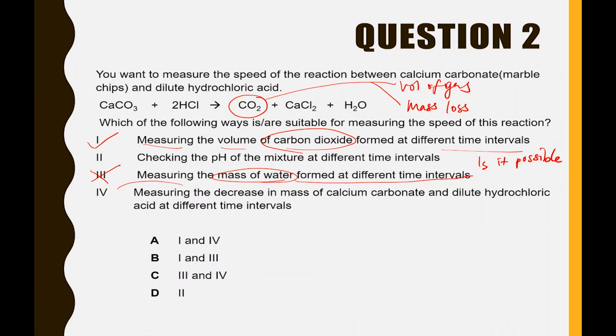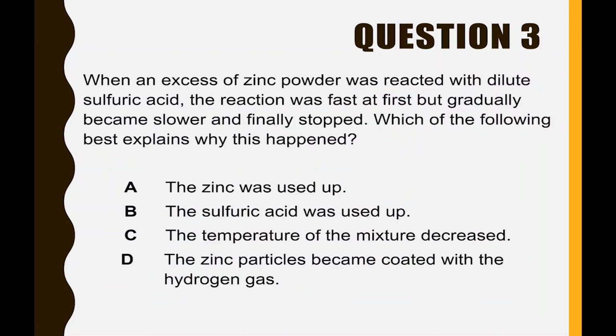So correct, 1 and 4, the answer is A. Now why is number 2 out? Because if you want to check the pH, you can only check the pH of perhaps hydrochloric acid, and hydrochloric acid is pH 1. Calcium carbonate will react with hydrochloric acid. So you want to look at the keyword: it has stopped.